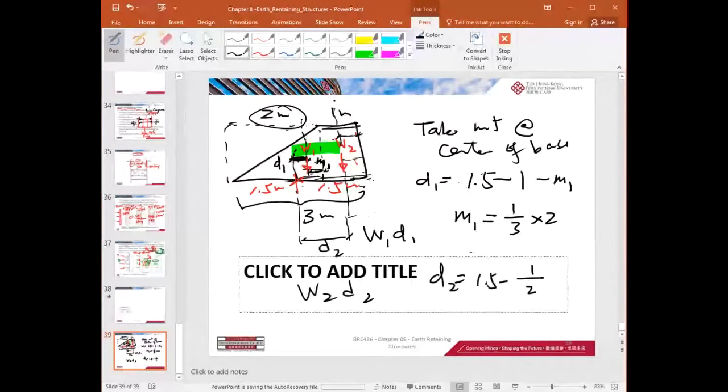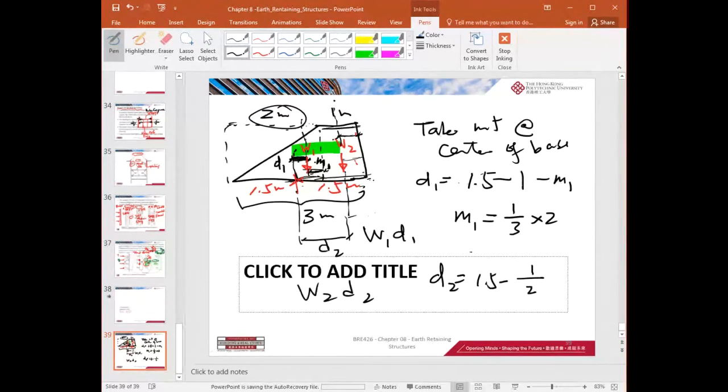So that is the skill, right, of determining the distance, the lever arm, between the centroid and the center of the base. And then you have to note the direction of the moment, clockwise or anti-clockwise. Okay?